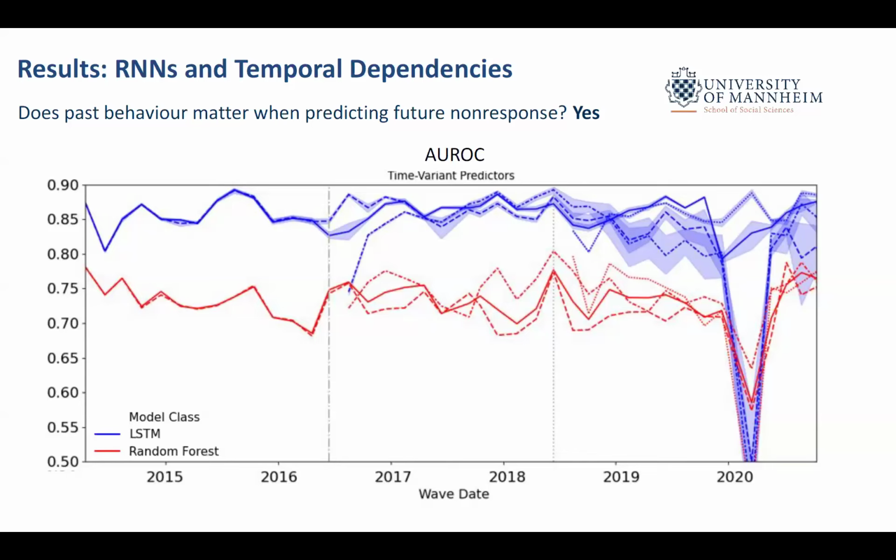Whereas the random forest can only make a guess on the most recent piece of information that it has. And that is why you can see such a major difference between their two performances, with the exception of the coronavirus pandemic, which happened shortly after the start of 2020 for these panelists.